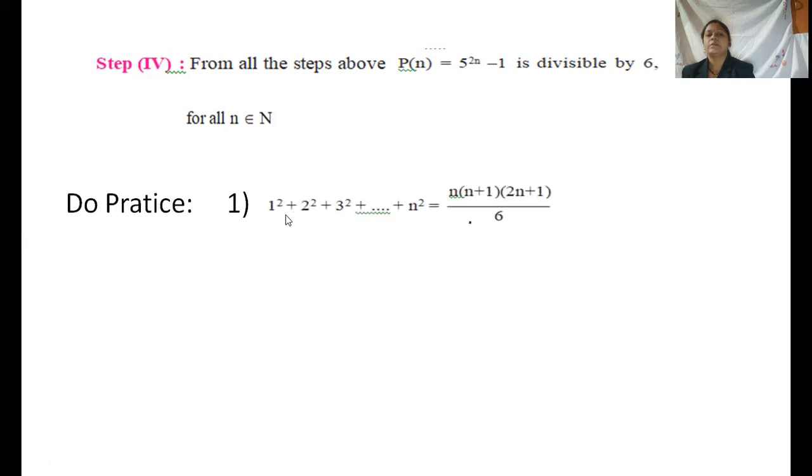First example: 1 square plus 2 square plus 3 square plus and so on up to n square is equal to n(n plus 1)(2n plus 1) upon 6. And second example: 2 raised to 3n minus 1 is divisible by 7.